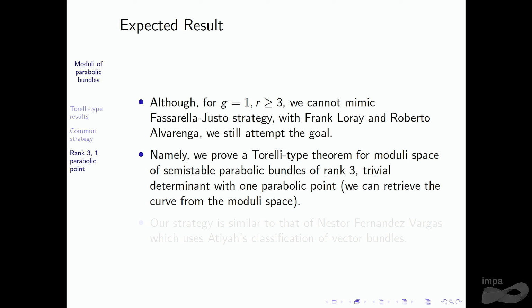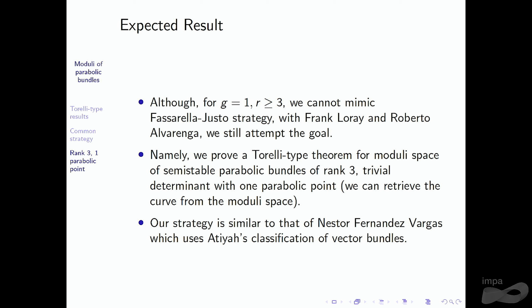What we do is actually related to the strategy of Nestor Fernandez Vargas. I mentioned that in the beginning, and I said I'll come back to it later. So our strategy is very similar to his. He does none of this Higgs bundle stuff. Get your hands dirty, do it more hands-on, try to actually understand, but in his case it's 2 points and rank 2.